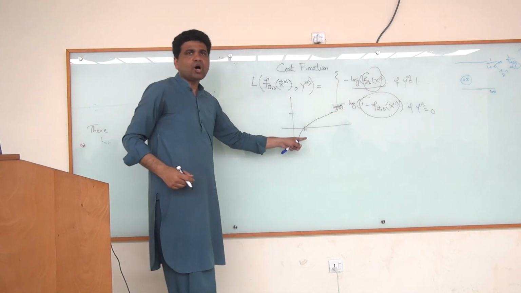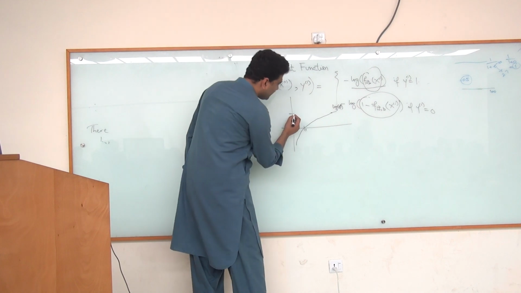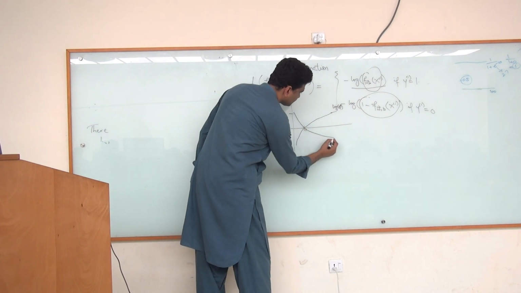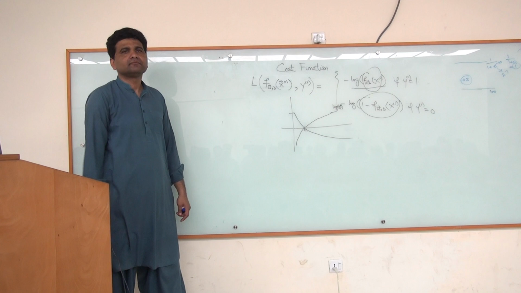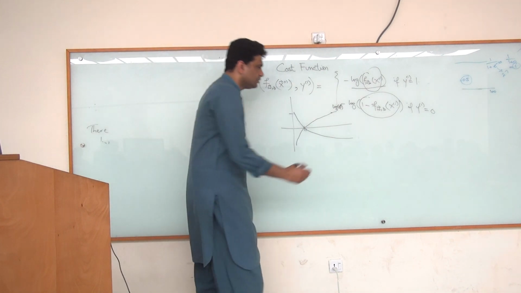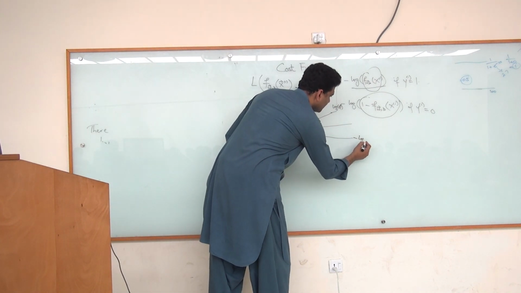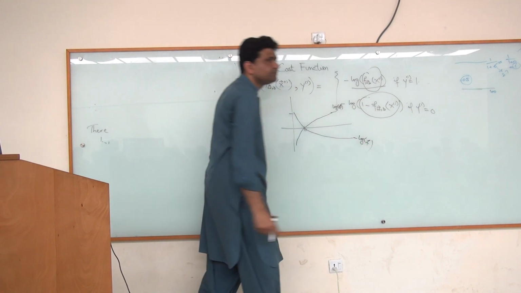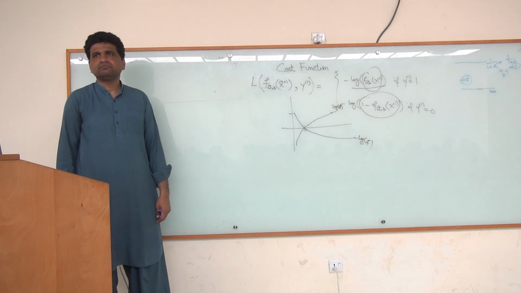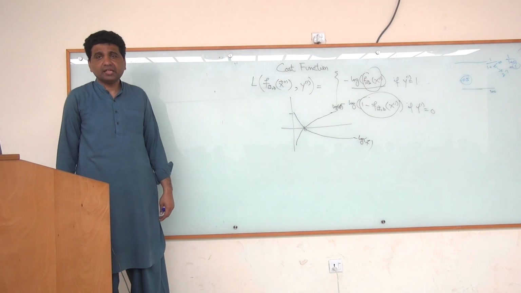Now this is log. Now if this is log, the negative of the log will be exactly opposite of this. If this is log, this is negative log, right? Direction उलट हो जाएगी इसकी सिर्फ, ठीक है?